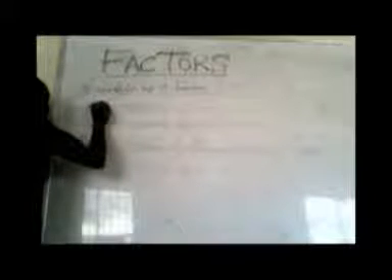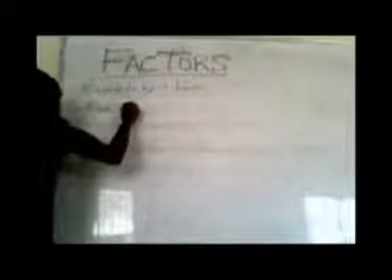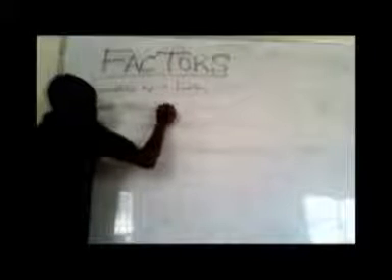So, if you were asked to find the factors of 20, the first step is that we said that 1 is a factor of every number.